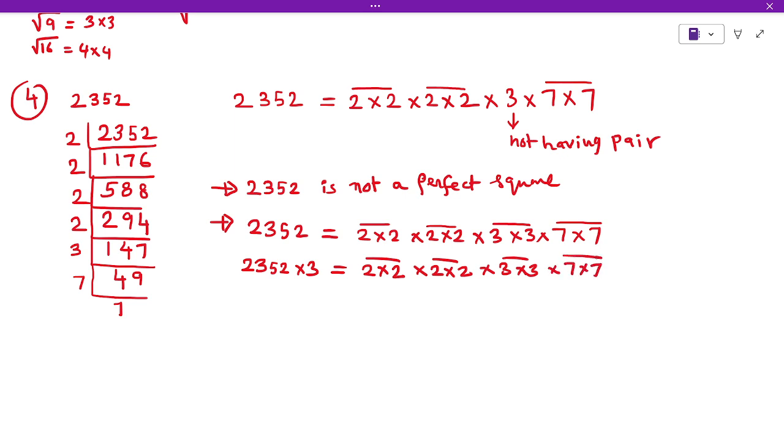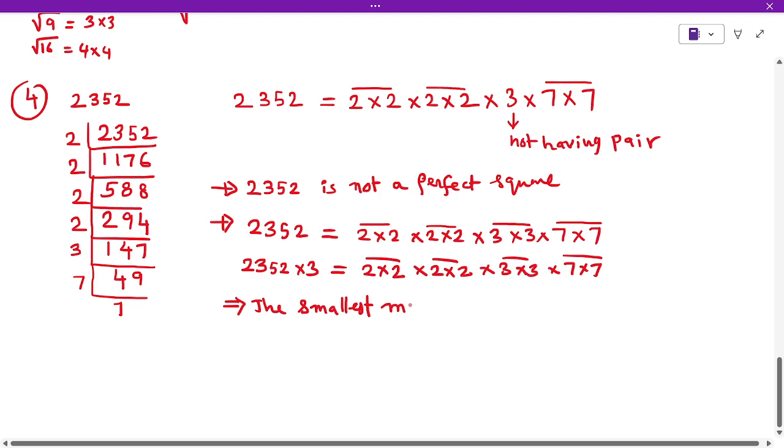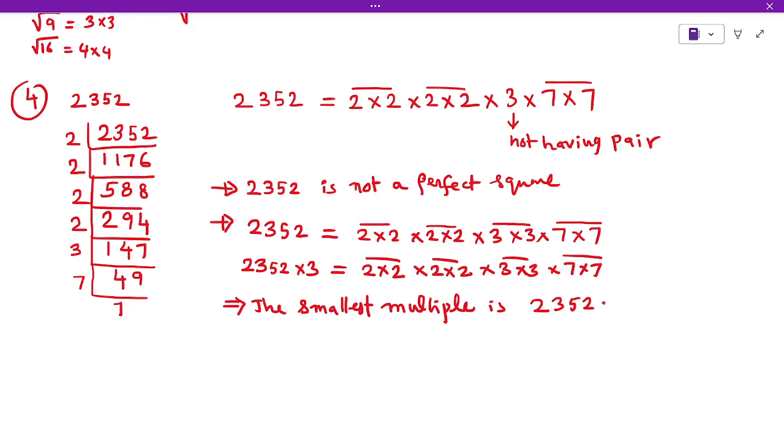Therefore the second part, the smallest multiple, is 3.